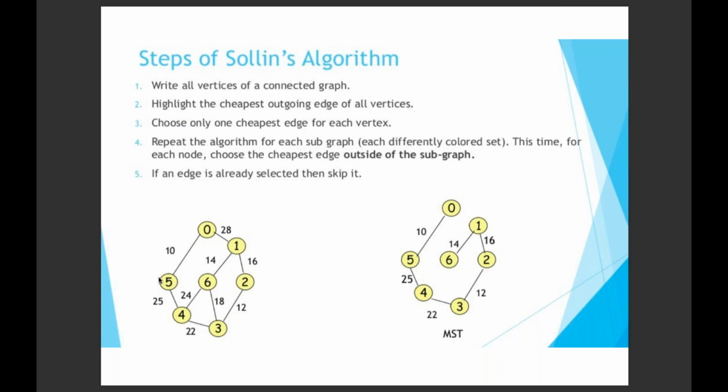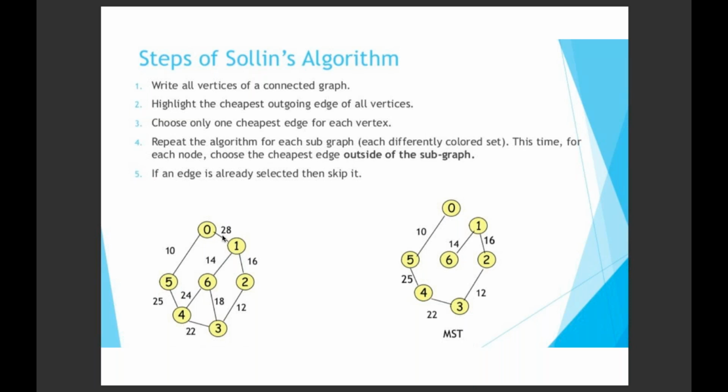So 5 is connected to 4 by 25. Then 4 is connected to 3 by 22. 4 is not connected to 6 by 24 because 24 was greater than 22. Then 3 is not connected to 6 because 18 is greater than 12. So 3 got connected to 2. 2 got connected to 1. Now 1 is not connected to 0. 1 will be connected to 6 because 14 is less than 28.